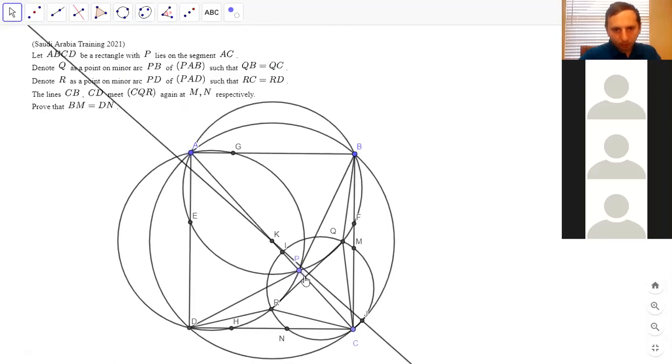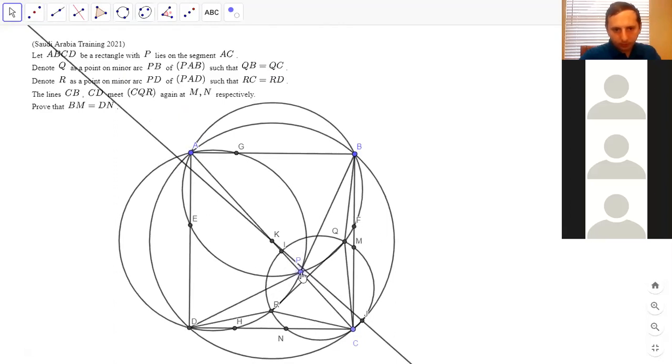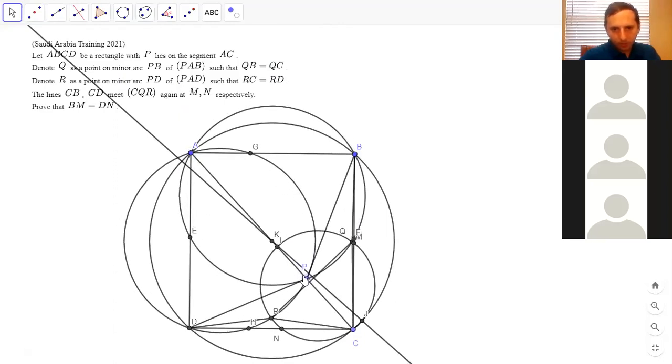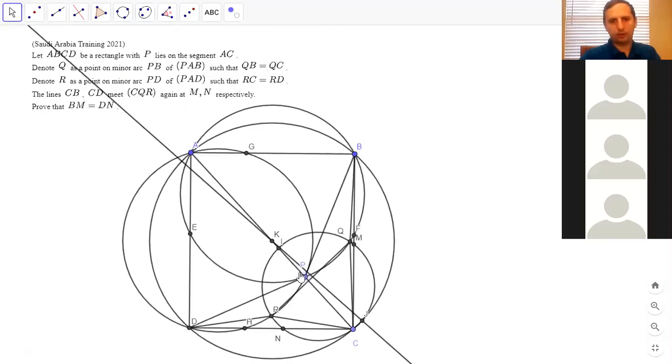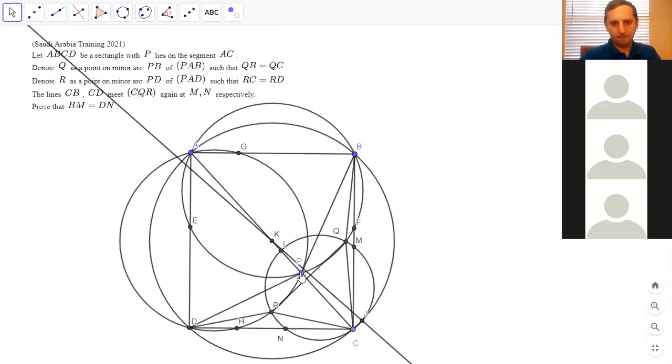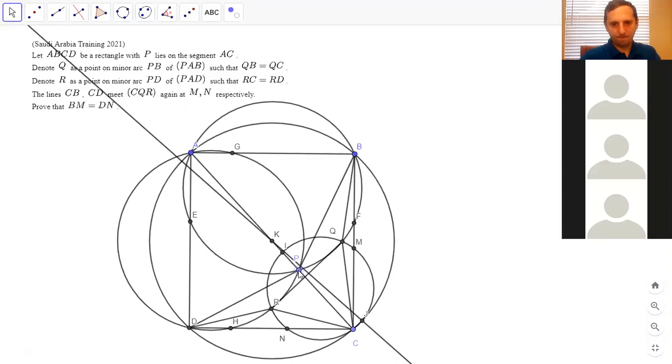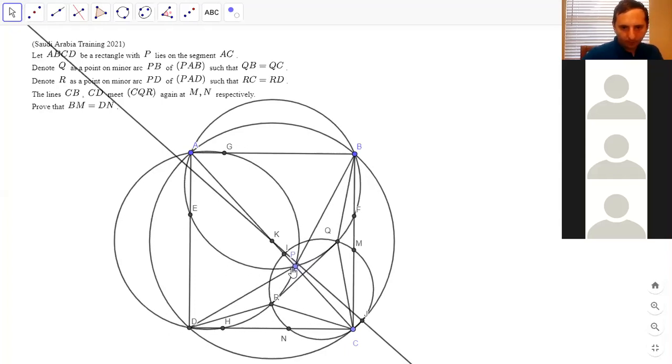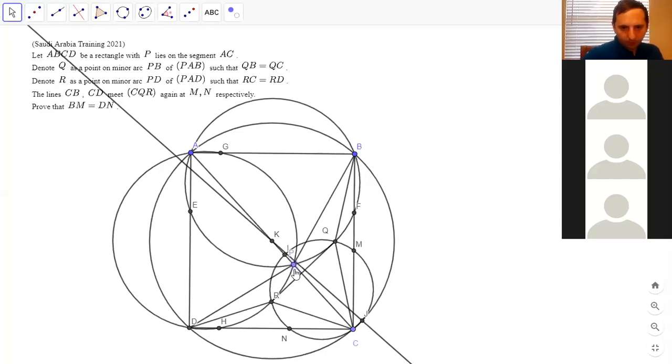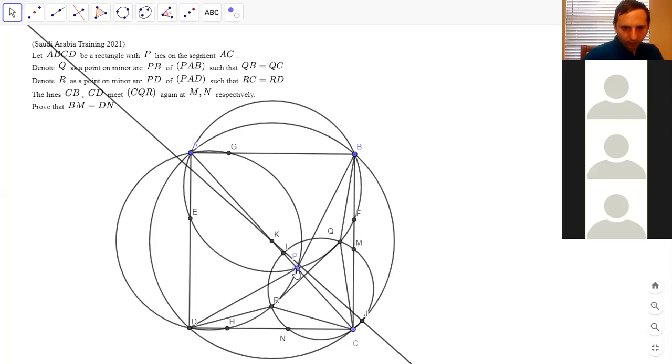So if we move P around, point J stays the same. That's kind of interesting because it says if we move point P, then point J stays the same.